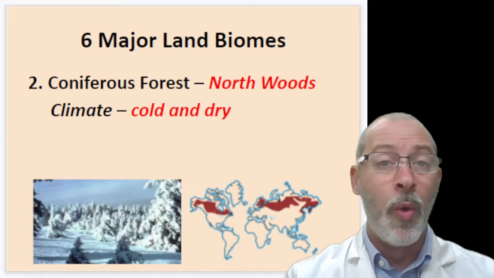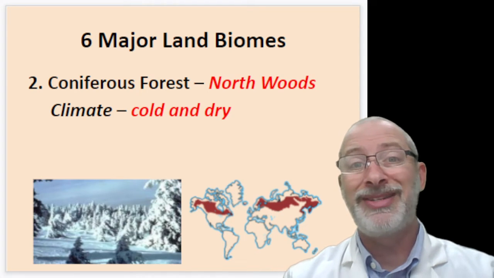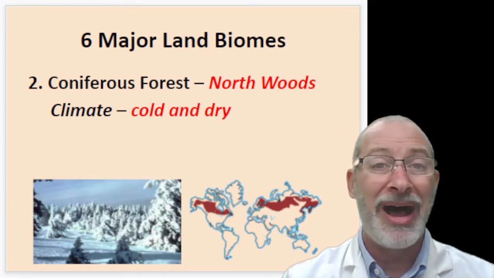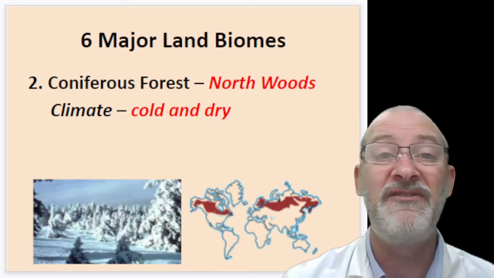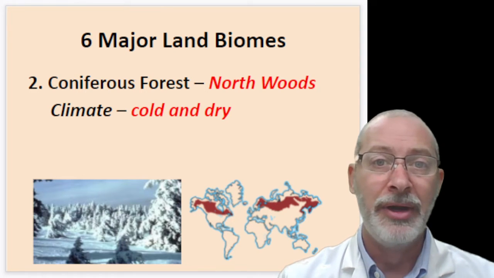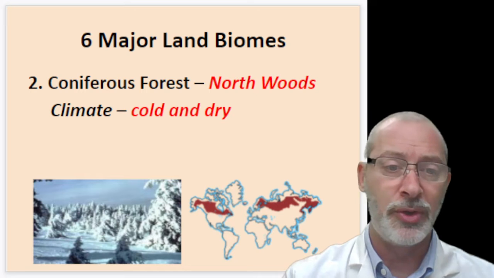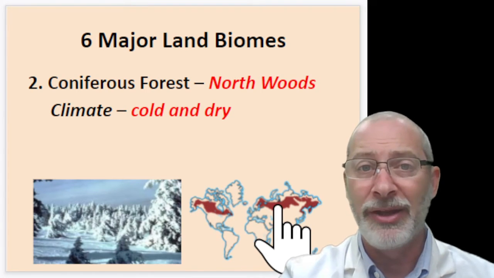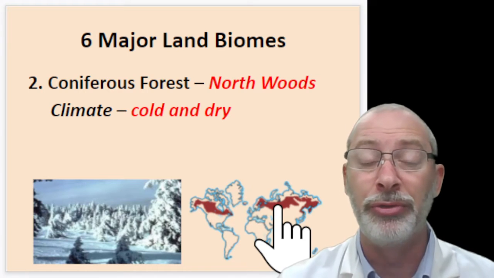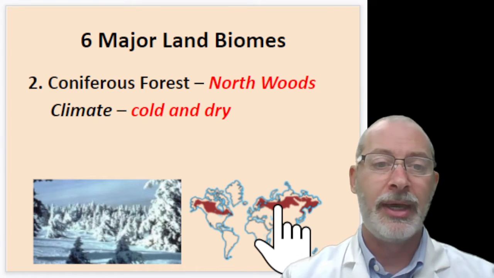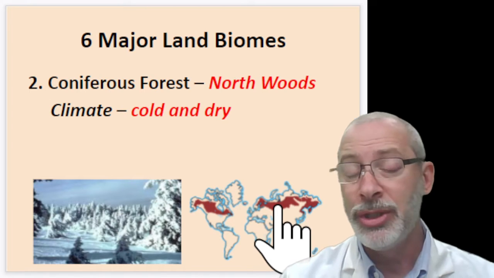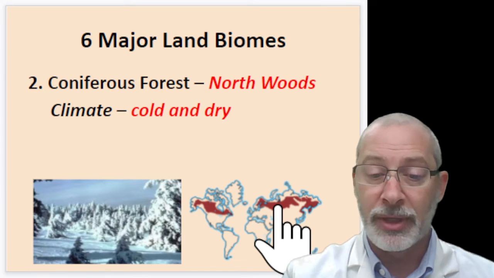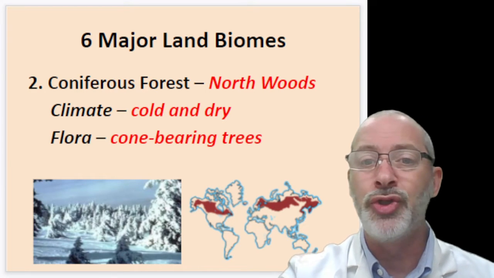Incidentally, with global warming, these regions are extending further north into the tundra, as the tundra biomes are probably warming up faster than any of the other biomes on planet Earth. And so these coniferous forest biomes are extending further and further into the tundra regions every year. In fact, who knows, by the time you're my age, there may not even be any tundra left on planet Earth. But coniferous forests, cold and dry.